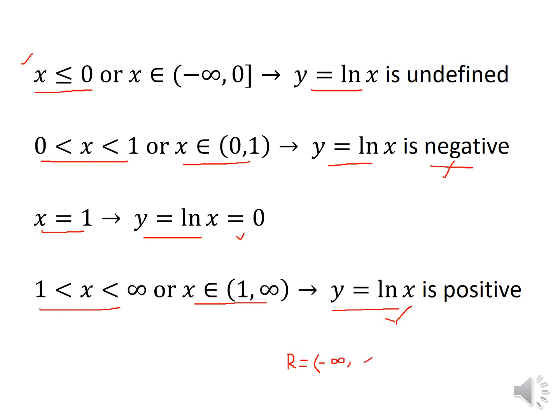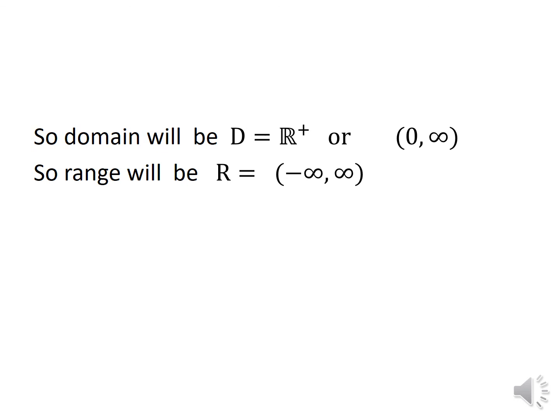That means the set of all real numbers, which can also be written by this symbol, which implies the set of all real numbers. So here is the case. Domain is the set of all positive real numbers, 0 to infinity, and range is the set of all real numbers, negative infinity to infinity.